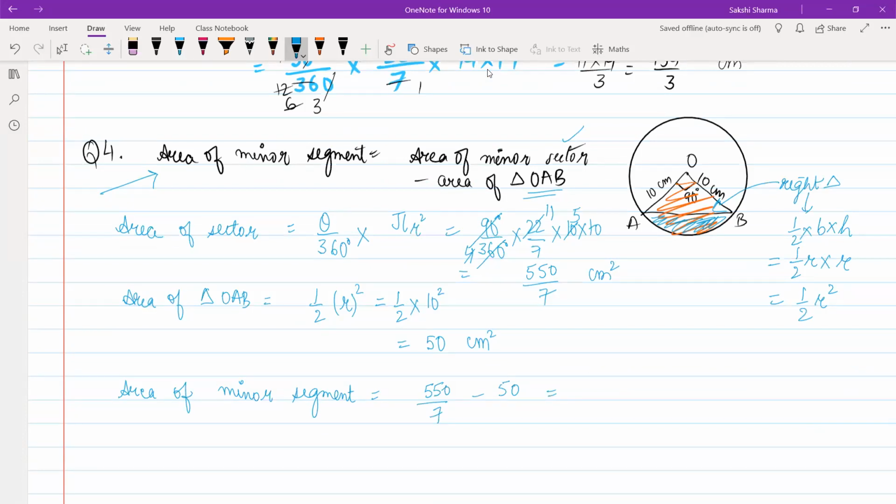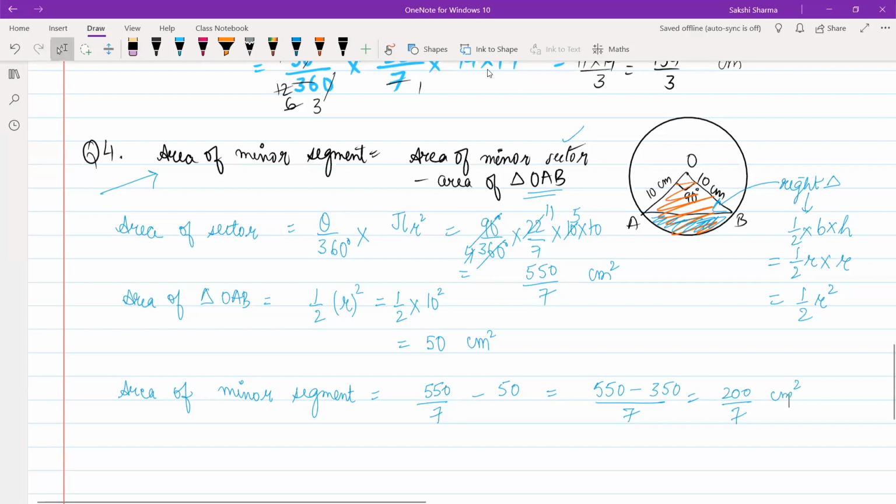Take the LCM. And the answer comes out to be 200 by 7 centimeters square. I'm leaving the answer again in fractional form. I'm not going to simplify this. Anyone with any questions here?